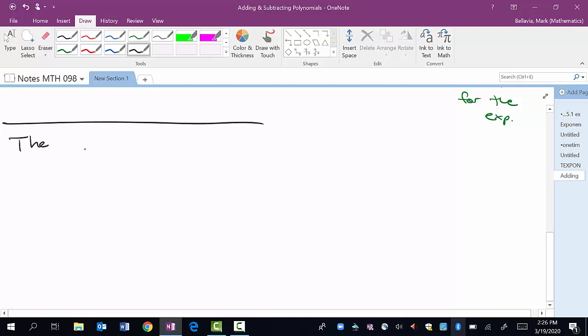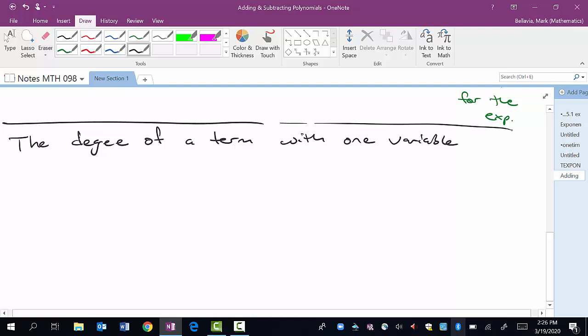As we talk about this, we're going to talk about the degree. So the degree of a term with one variable is equal to the exponent on the variable.